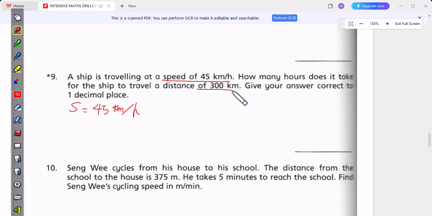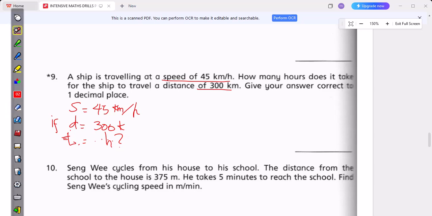If the distance is 300 kilometer, time is, we put this as t. T stands for time, and the unit is hour.